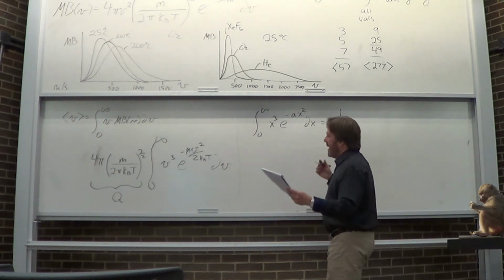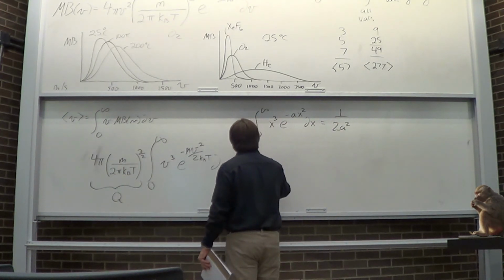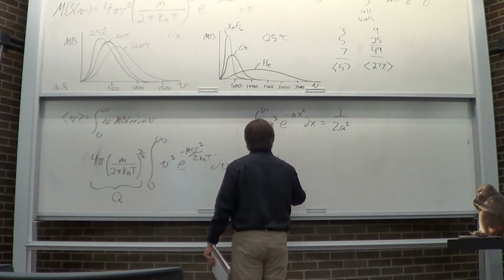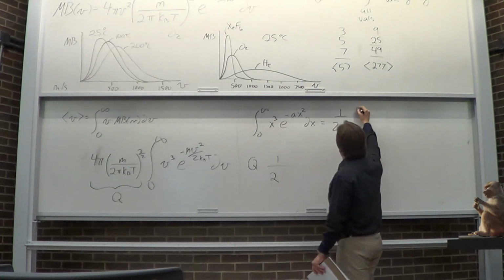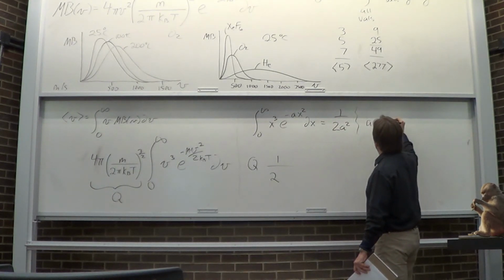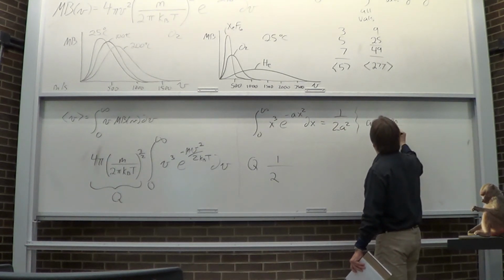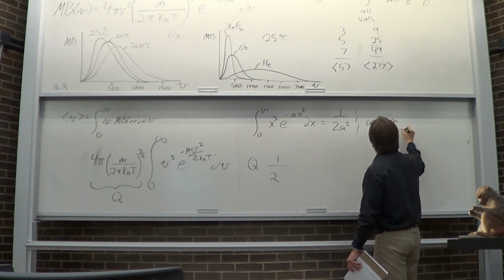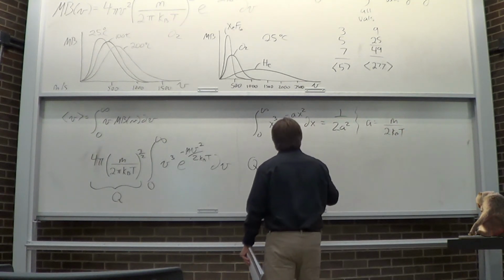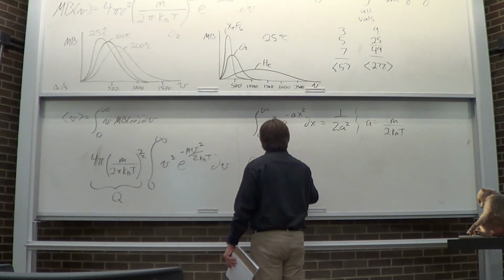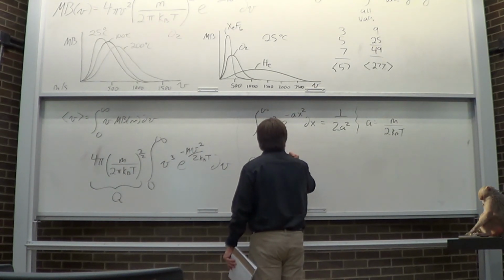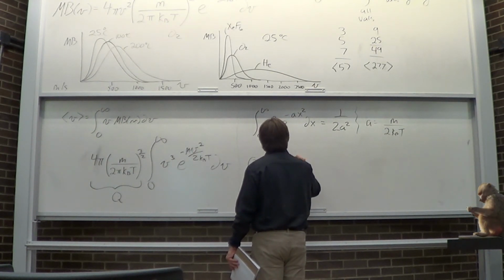So that's it. Okay, so what I've got is Q, 1/2, up here. A is, just like last time, it is m/2kB T. Okay, so this ends up being m squared over 4 kB T squared.